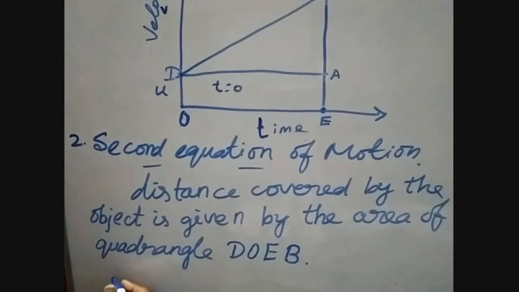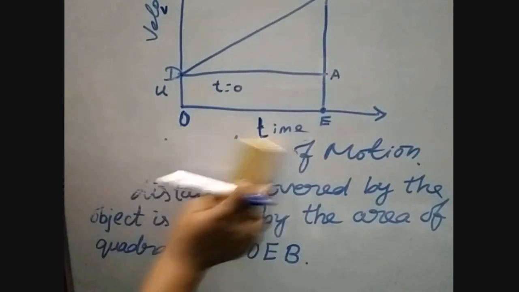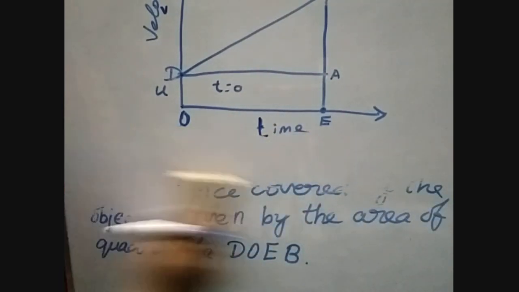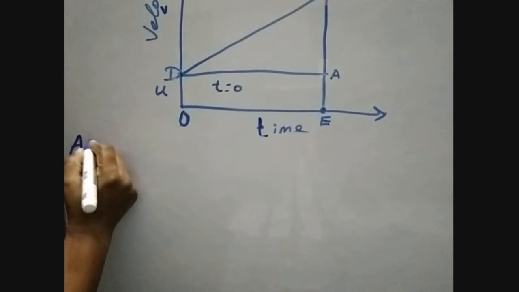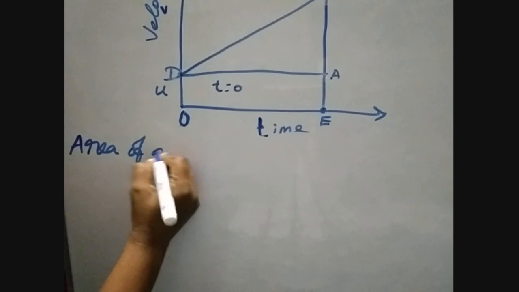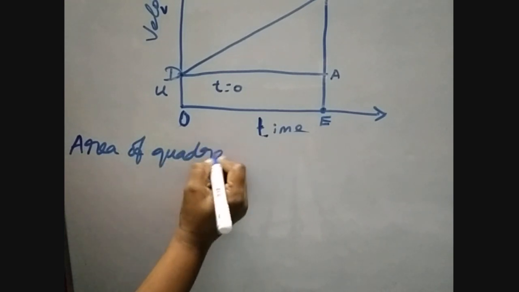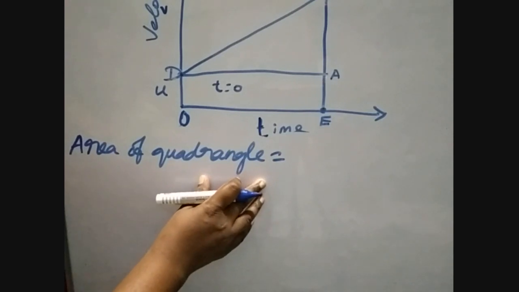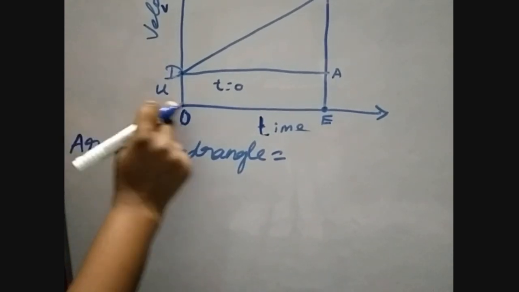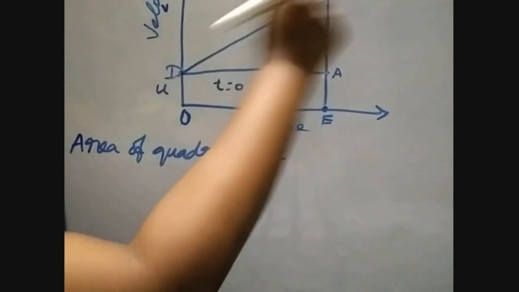Now, what's the formula for area of a quadrangle? A quadrangle means it has 4 sides: 1, 2, 3, 4.